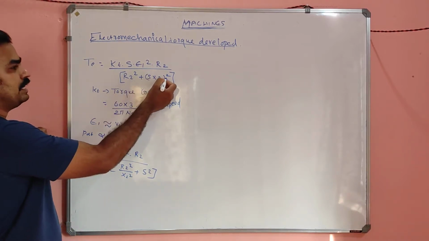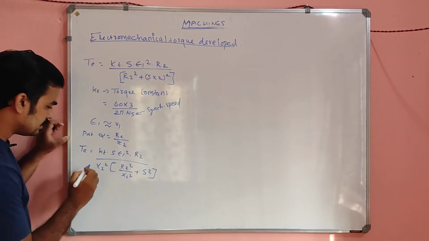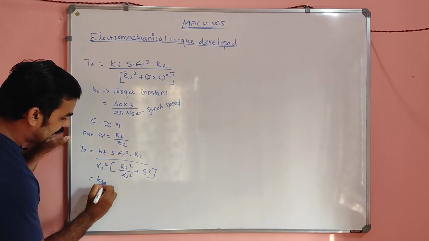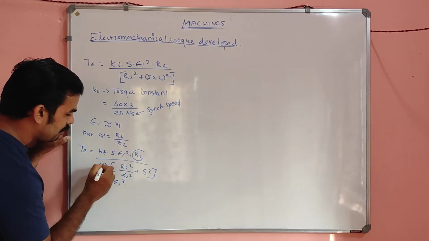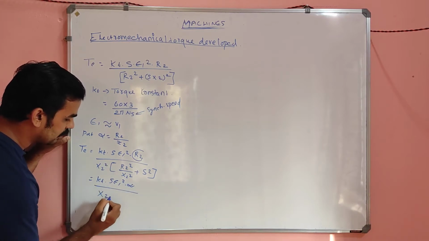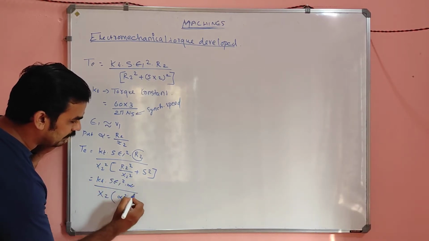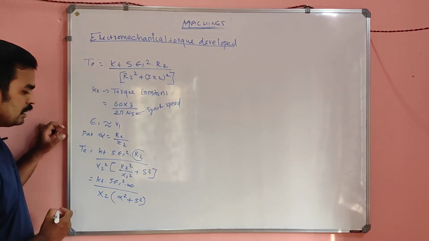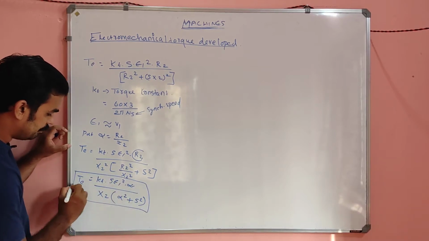So this will become KT into S into E1 square into 1 by X2 into R2 by X2, which is alpha, divided by alpha square plus S square. So this is the final equation for the electromechanical torque developed.